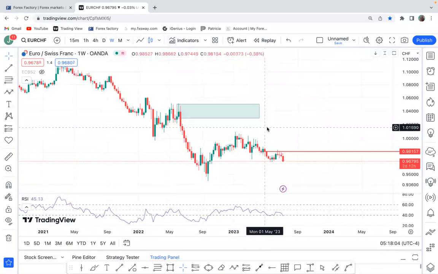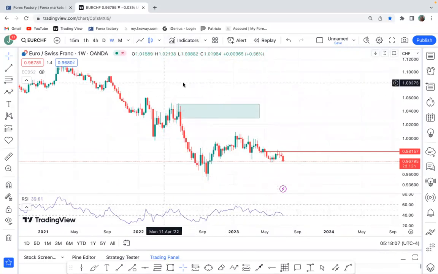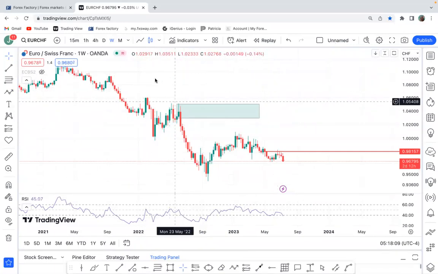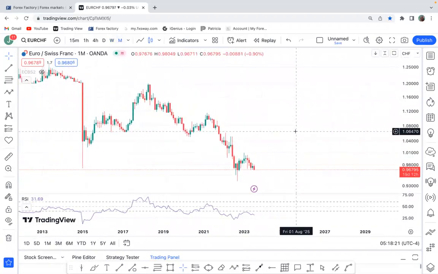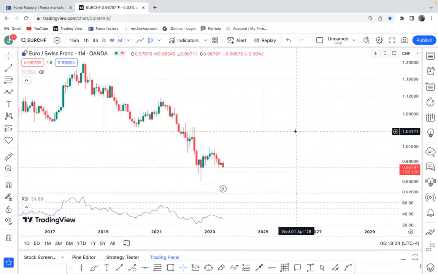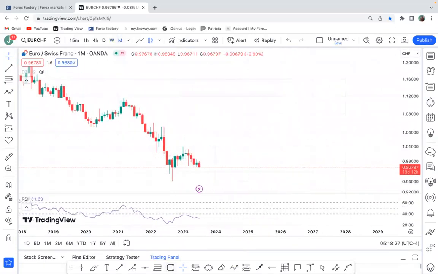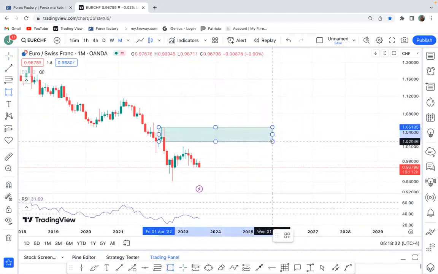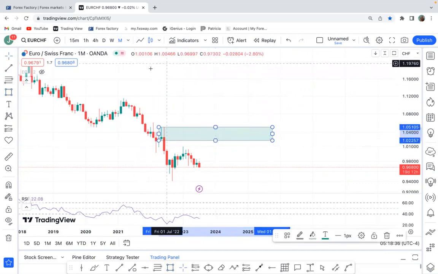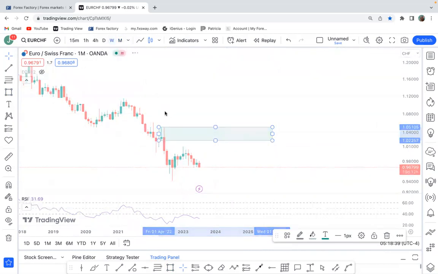So now to refine an order block, you're going to begin from the higher time frame. For this example, I'm going to start from the monthly. Let me clear my chart first. All right, so if you are to refine this bearish order block, starting from the monthly, you're going to drop down to the weekly.